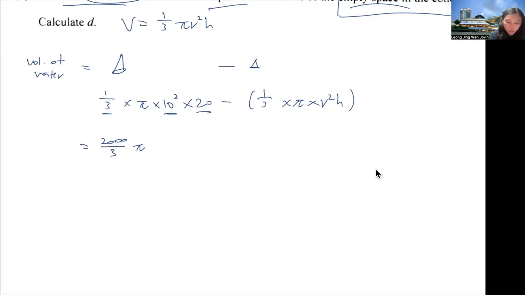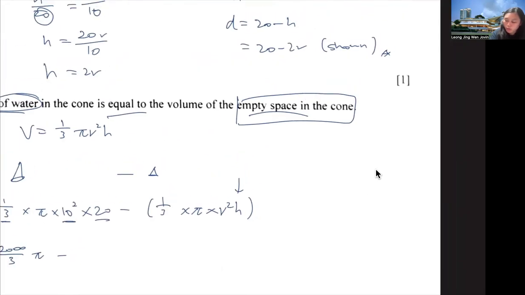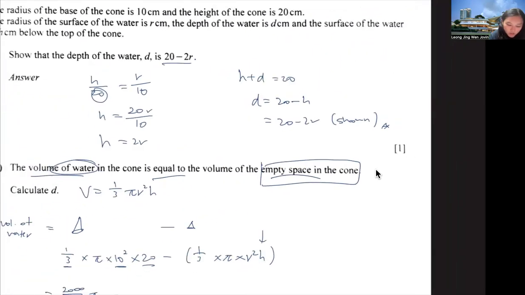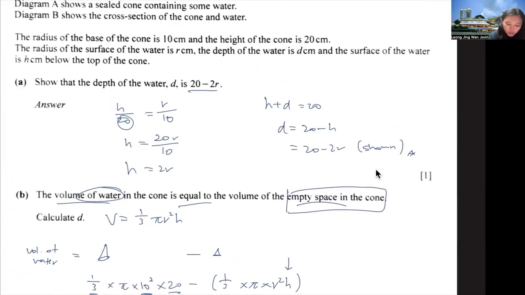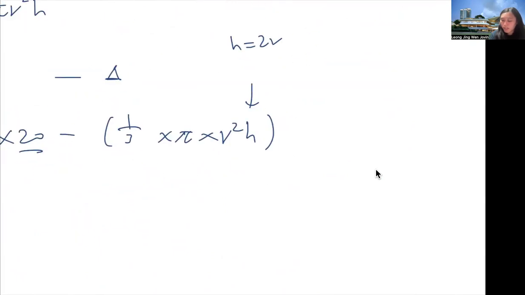So 2000/3 pi. Then the last part over here, I can try and replace this. Actually, this part, we know what is h. Just now, we have already solved that h is actually 2r. H equals 2r, right? So let's replace h with 2r.